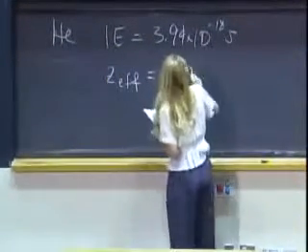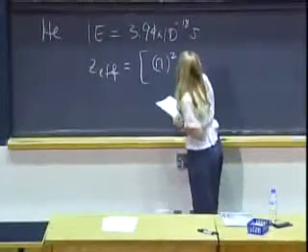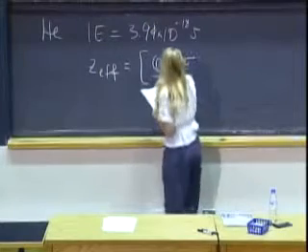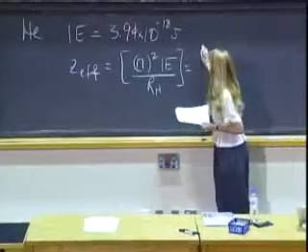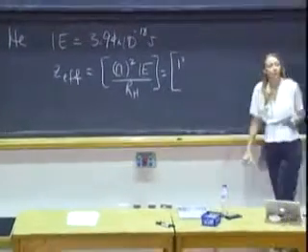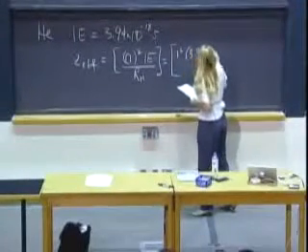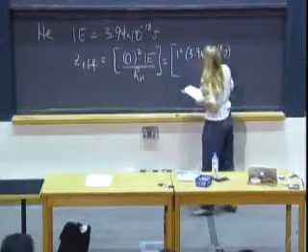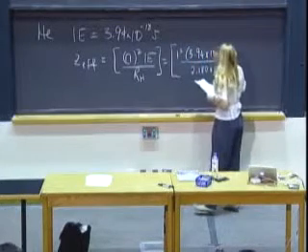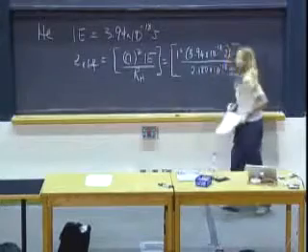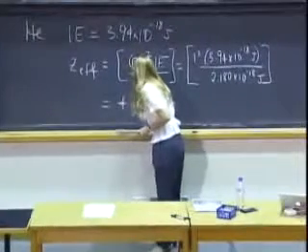And when I do that, that of course is n squared times the ionization energy over the Rydberg constant, right? n squared is going to be 1 because we're talking about the ground state. The ionization energy, I said, was 3.94 times 10 to the minus 18 joules. Rydberg constant is 2.180 times 10 to the minus 18 joules, right? In the end, I find an effective charge here of plus 1.34.